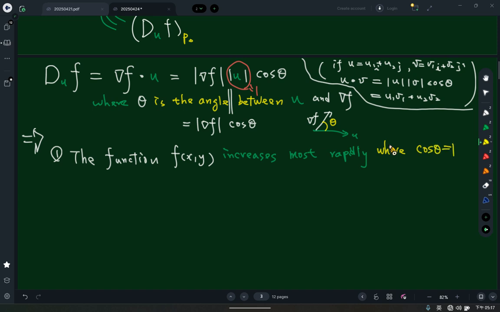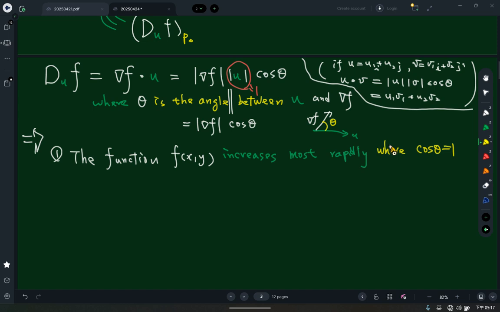We all agree with that. The maximum value for the cosine function is 1, right? The minimum value is negative 1. So if we want to increase most, that means we try to maximize this number, this directional derivative, right?